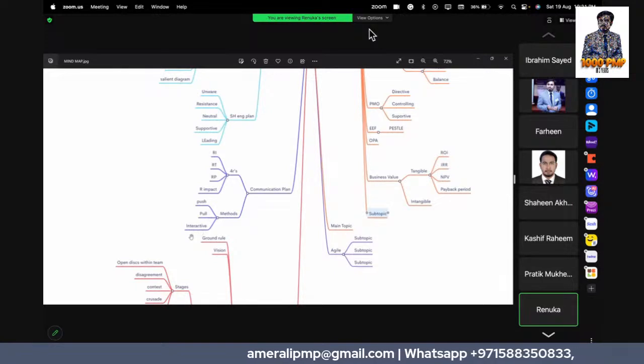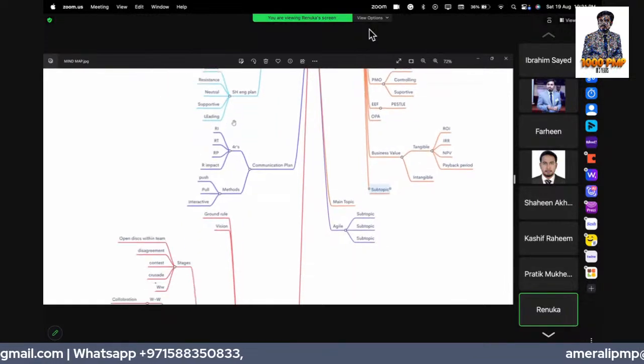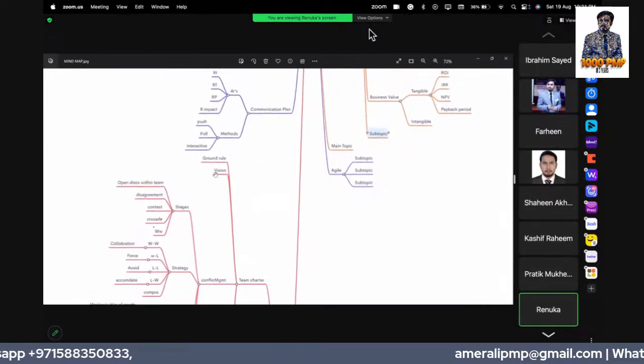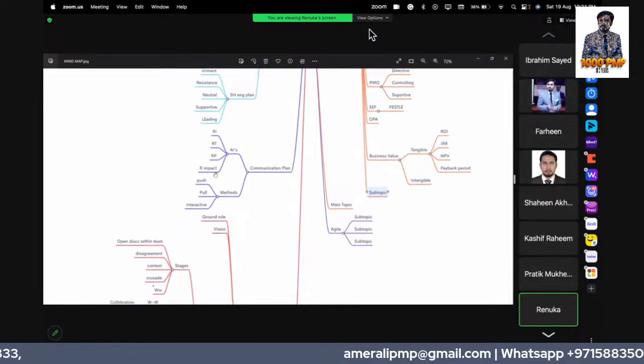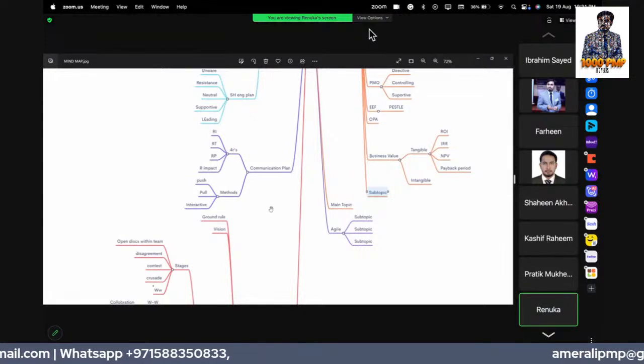And interactive is an interactive method. Okay, so that's it for communication. But there is something called the communication model, which we have not mentioned here, like noise, encode, and decode. That is missing here. That is for the communication plan.